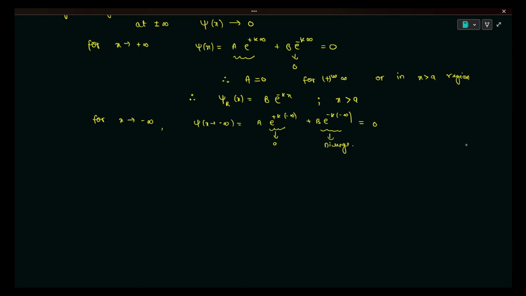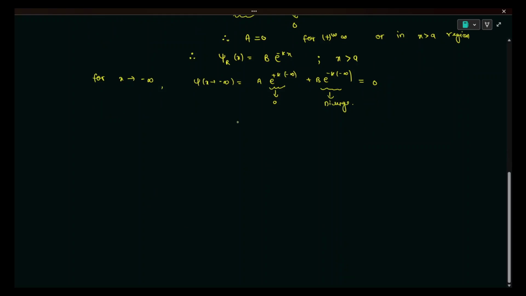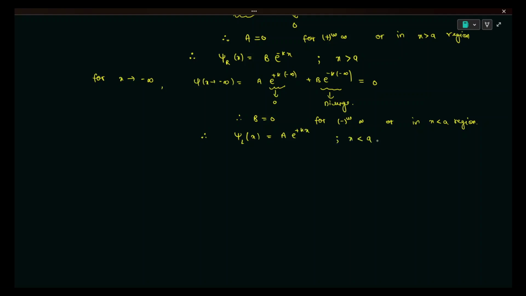So but I don't want it to diverge, so therefore this coefficient b has to be 0 for negative infinity, or what I can say, in x less than a region. So therefore psi L for the left region, psi L of x should be equal to a e raised to power plus kx, for x less than a.